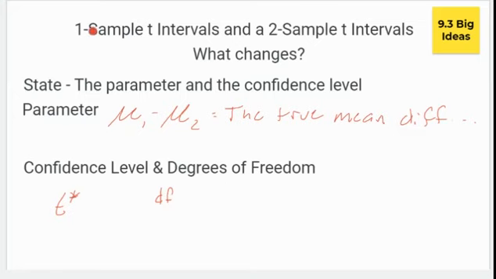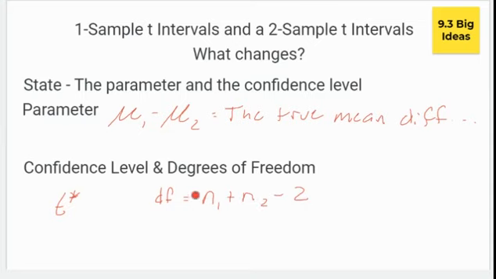If we were just talking about a one sample t interval, the degrees of freedom would be n minus 1. We only have one sample, so that sample size minus 1 is the degrees of freedom. But for a two sample t interval, there are a couple of different degrees of freedom that we could use. We can either take both sample sizes added together minus 2, so n sub 1 plus n sub 2 minus 2.